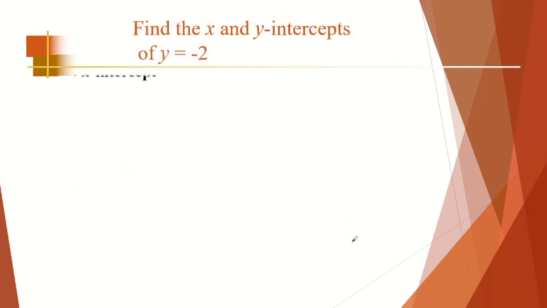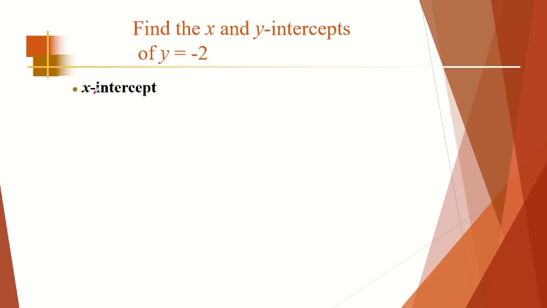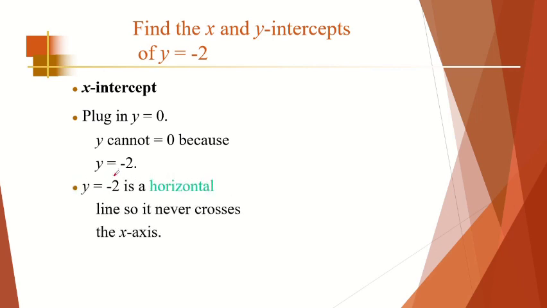Next, about y. Now, we are going to find the x and y-intercepts of y equals negative 2. In your x-intercept, y cannot be 0. Why can't it be 0? Because if you set it to 0, it becomes 0 equals negative 2.